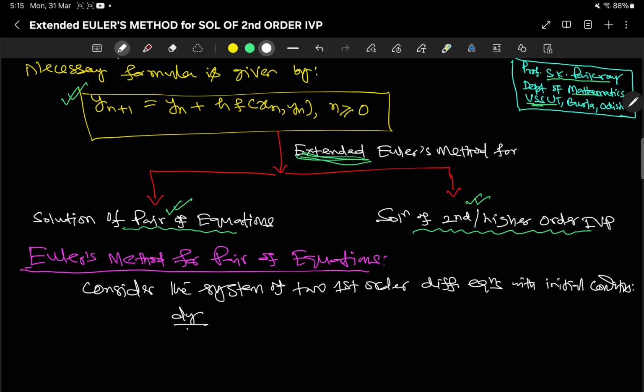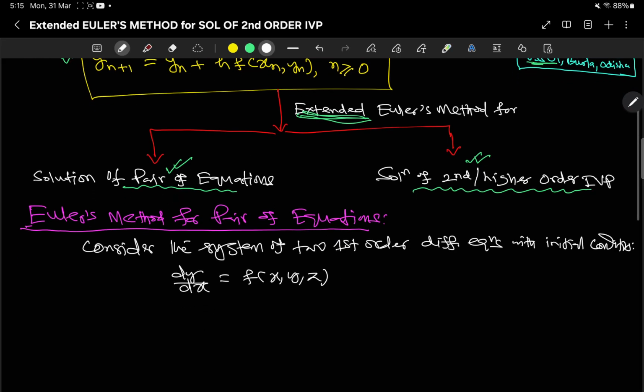Here dy/dx is equal to f(x, y, z) and dz/dx is equal to g(x, y, z). You see, we have a z here and we have a z here.